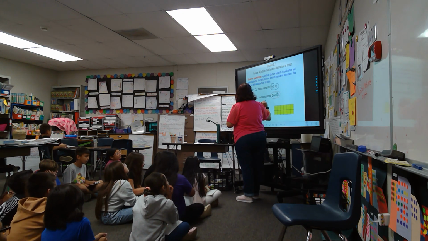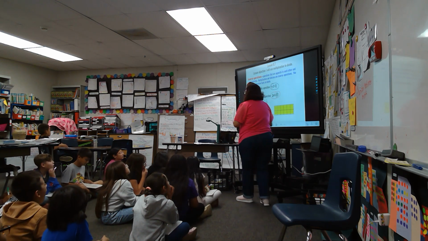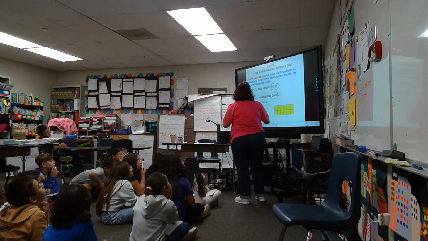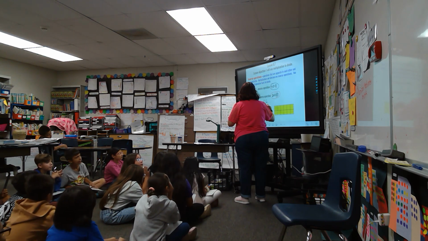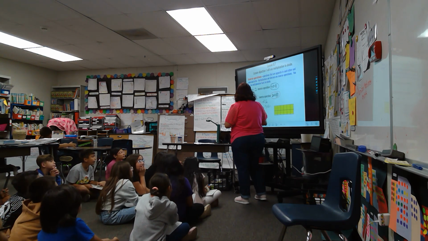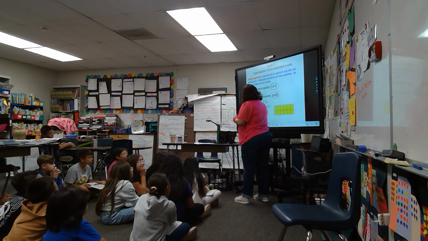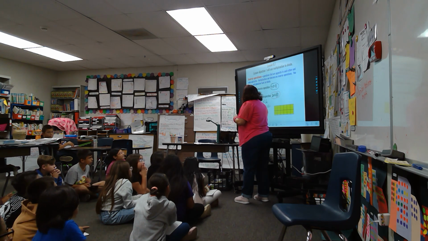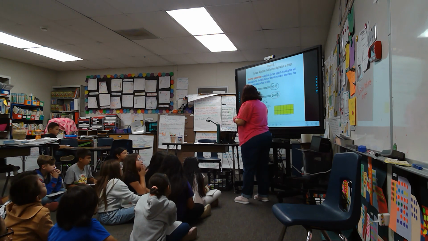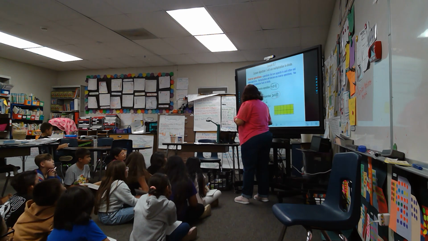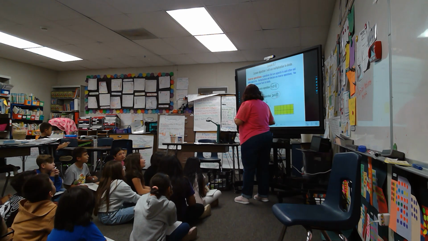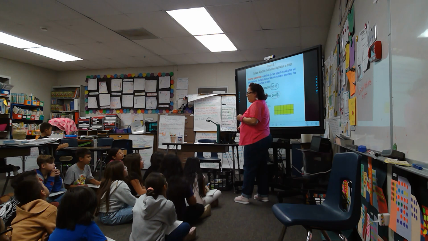I have 6. Now I'm going to set this up as a multiplication problem. I'm going to do 3 times 6, so I'm going to count by 3s: 3, 6, 9, 12, 15, 18. Notice how I counted by 3s.